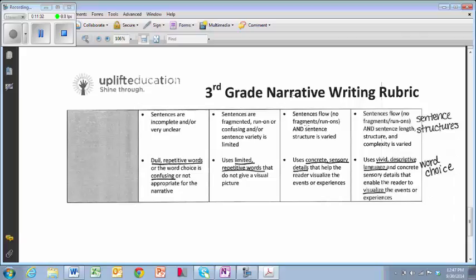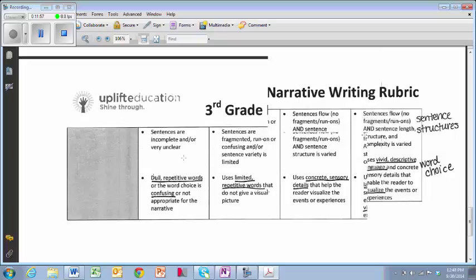To get a level 3, there would have to be no run-ons and no fragments and a little bit of sentence structure variation. And then to really bump it up to that next level, they would really have to have a variety of different sentence lengths, structures, and complexity.